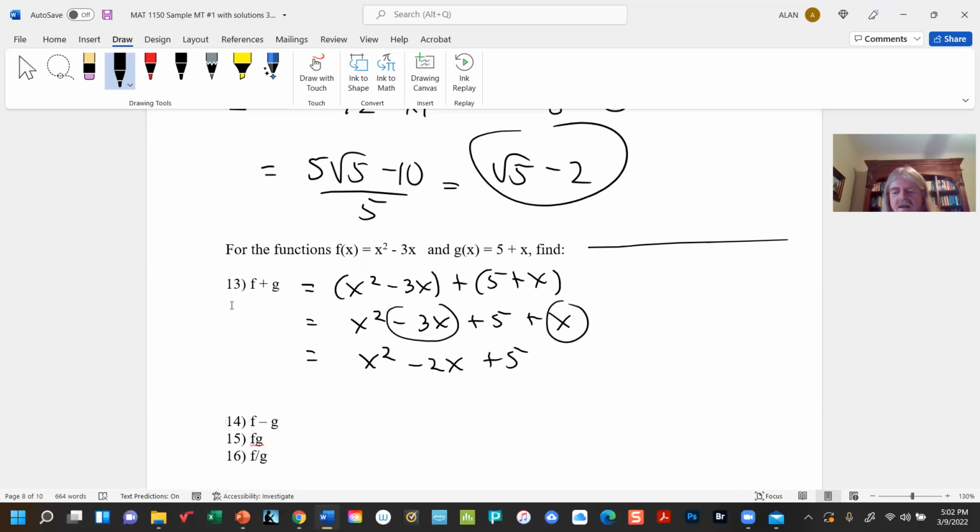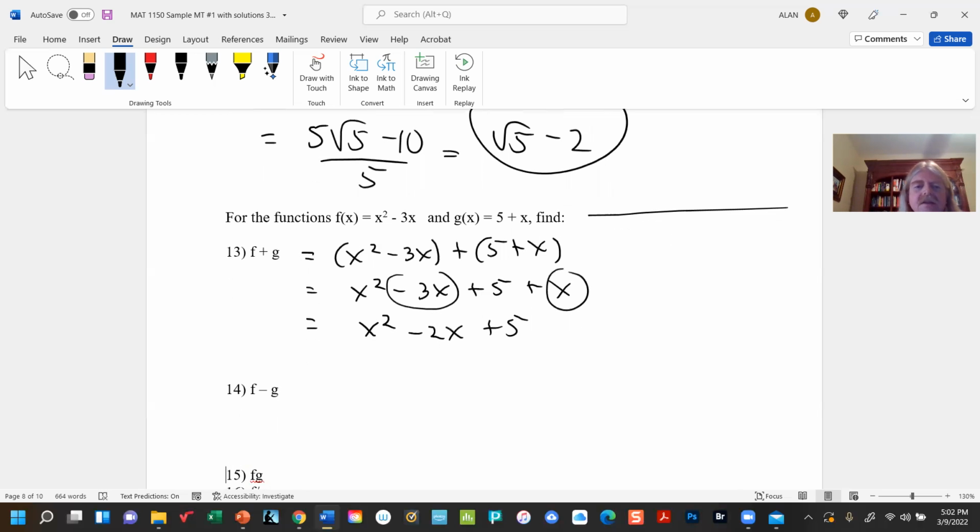Beautiful. All right, now subtracting, of course, there's always a risk you're going to make a mistake with the sign. So let's do this. I'll put these in parentheses. Okay, so then we'll drop the parentheses.